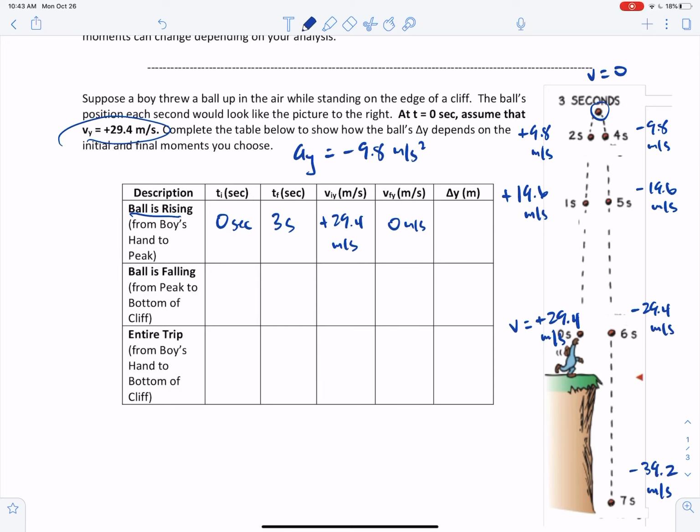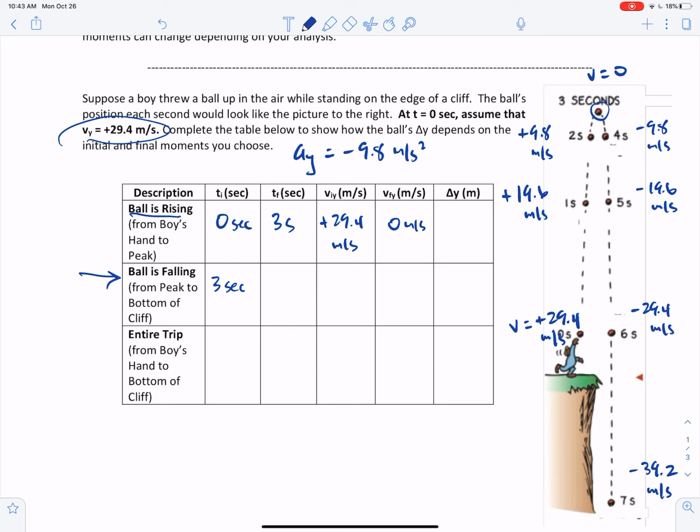All right, now let's look at when the ball is falling from the peak height to the bottom of the cliff, okay? So only looking at the falling motion, starting here at the top, ending here at the bottom. Now we have a new initial and final moment, okay? So now the initial time is 3 seconds, right? Because we're starting at the peak height.